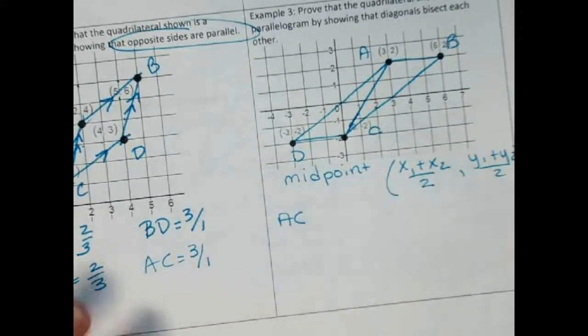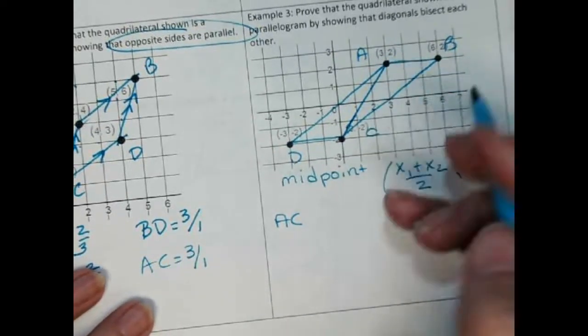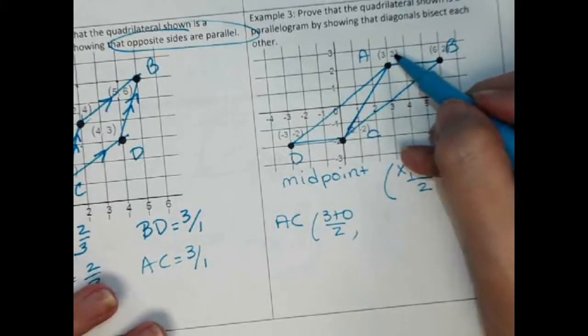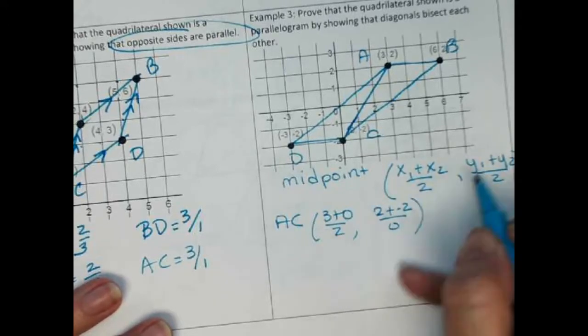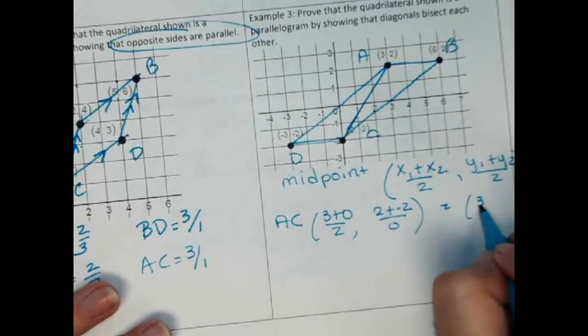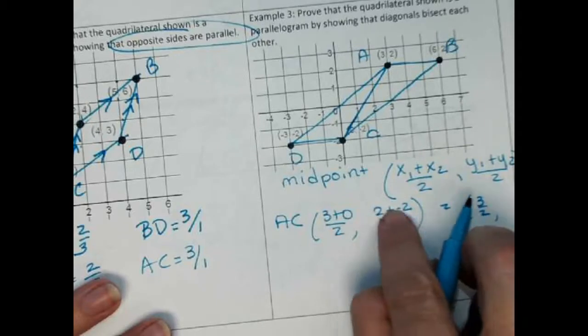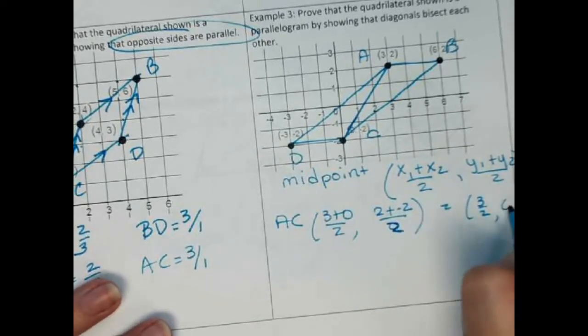I'm going to find the midpoint of AC, so my x's are 3 and 0, and my y's are 2 and negative 2. So 3 plus 0 is 3 over 2, 3 halves. And 2 plus negative 2 over 2, well, that's 0 over 2, so that's 0.